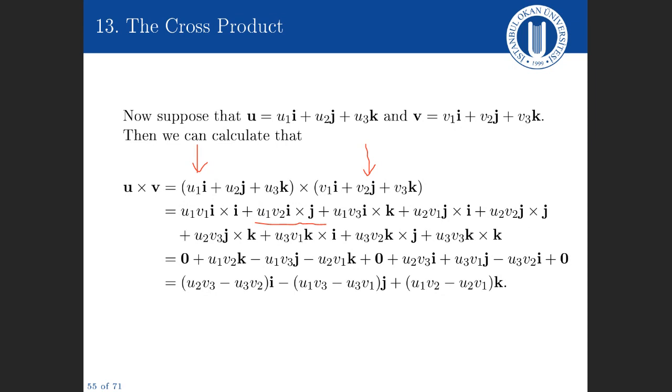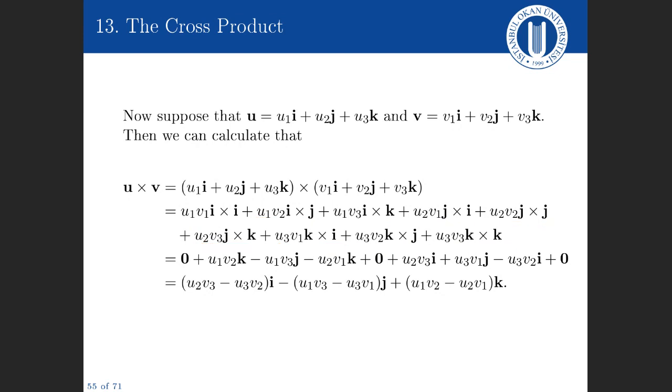U1 I cross V2 J, or put the numbers first, U1, V2, and then I cross J. And then first one cross third one. U1, V3, I cross K, and so on. You will see that because we have 3 terms cross 3 terms, 3 multiplied by 3 is 9. We have 1, 2, 3, 4, 5, 6, 7, 8, 9 terms.